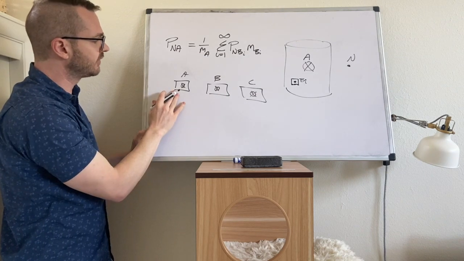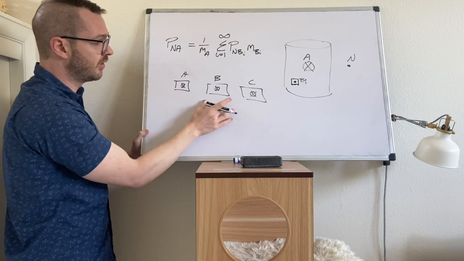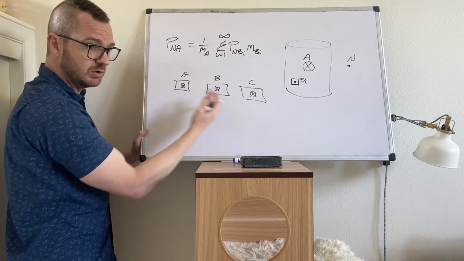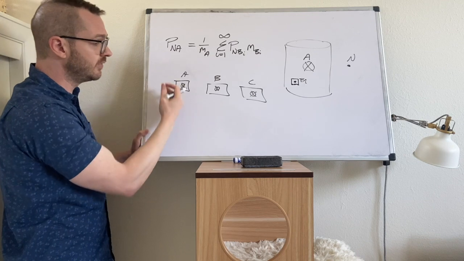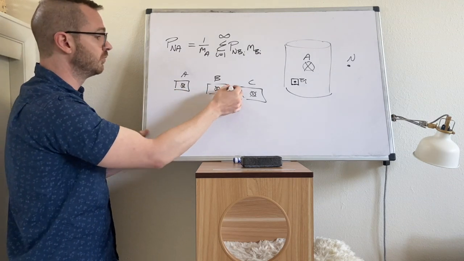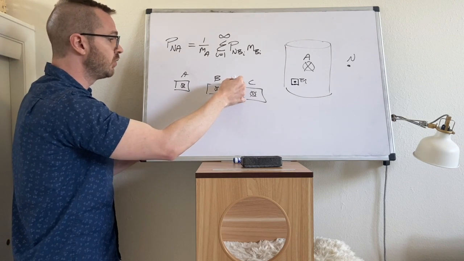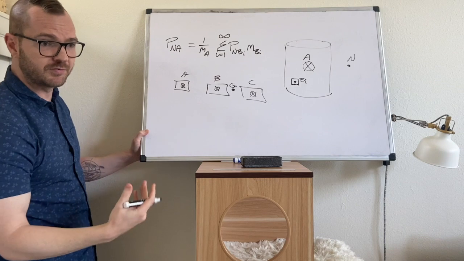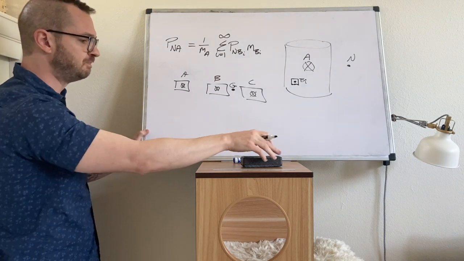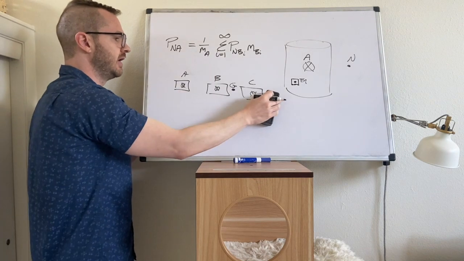You take the position vector of A and the position vector of B and the position vector of C, you multiply them by their own respective masses, you linearly add them together, and then you divide by the total mass, A plus B plus C. And that gives you the center of mass of the system, which, depending on where they are, maybe we call this capital G, right? Center of gravity for the whole system. So you would do the same thing, same equation as we're looking at above.